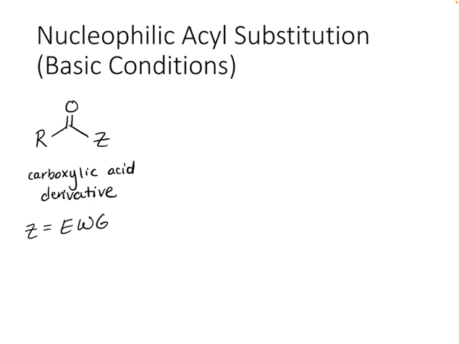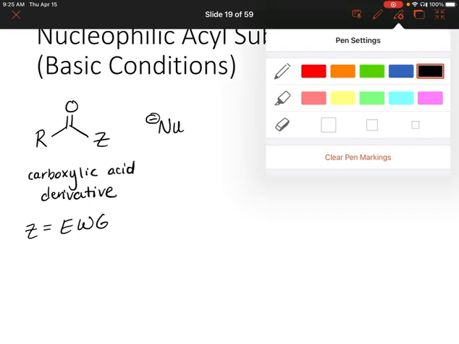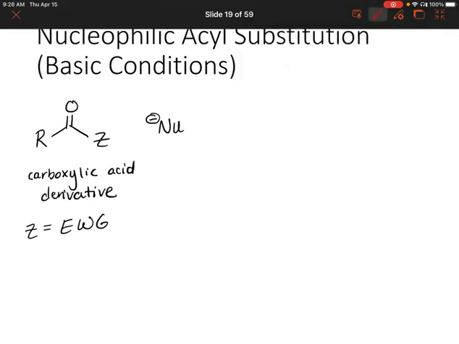Now, if we have basic conditions, then our nucleophile will be negatively charged and ready to attack. So the first step involves that nucleophile attacking the carbonyl carbon, very similar to aldehydes and ketones, except here we have a leaving group.